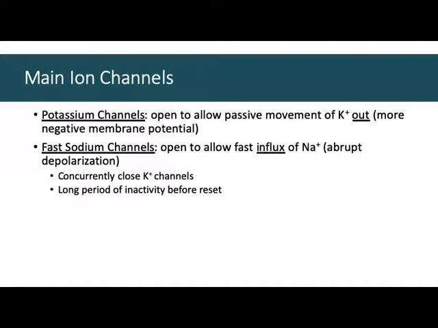It also wants to follow the electrical gradient, positive charge outside to negative charge inside. So they move quickly, especially through these fast sodium channels. These allow the spike when we see a cell depolarize and the membrane potential to change a lot. We'll talk about these elements when we get to the diagram later.